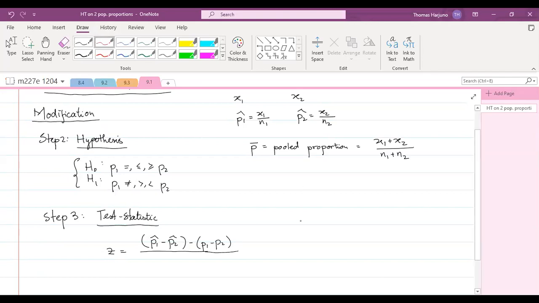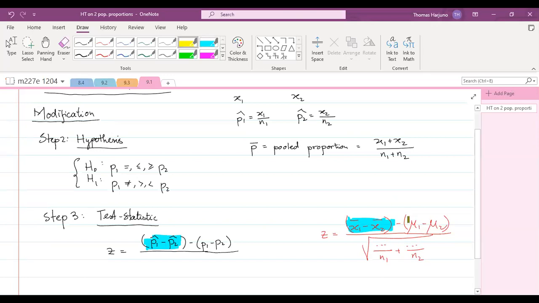It mimics what we have in the two population means case: Z equals x1 bar minus x2 bar minus mu1 minus mu2, over square root of something over n1 plus something over n2. Those were the best point estimates for mu. This is the best point estimate for proportion.